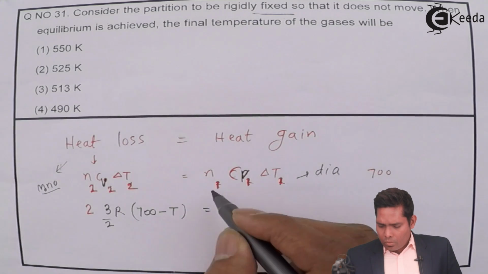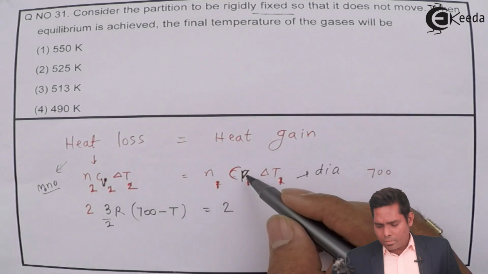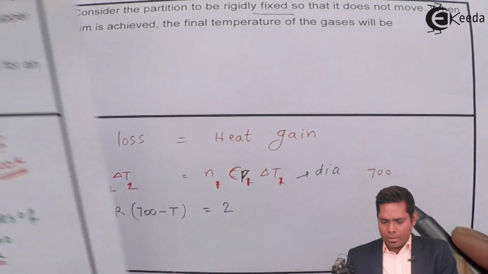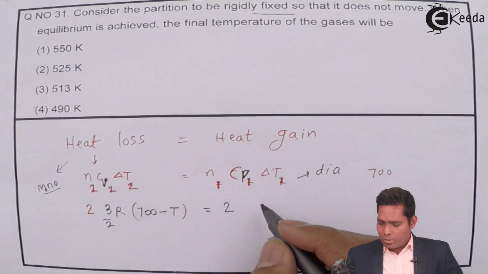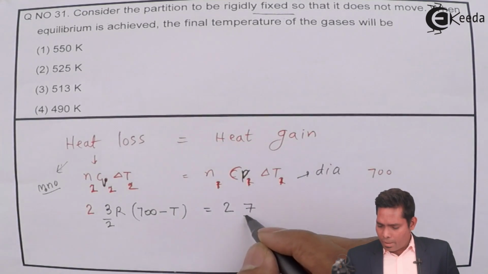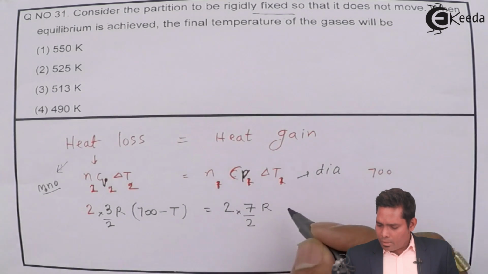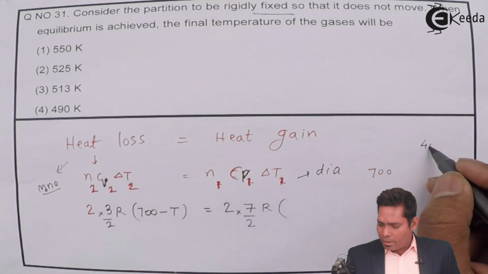N1 is 2 in the upper compartment. Cp for diatomic gas is 7 by 2 R, so it is 7 by 2 R into delta T. Its temperature was 400.